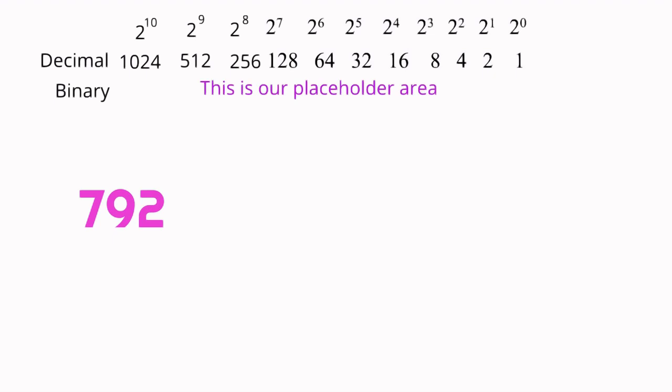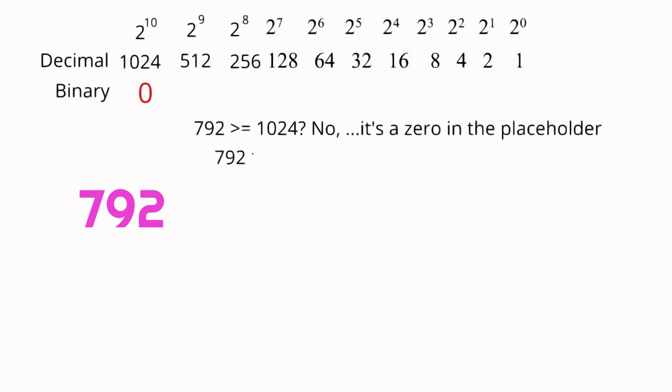Our revised chart is shown here, so let's do the conversion using the same method as last time. Our provided decimal value is 792. Looking at the chart, we see 512 is the biggest number we have written down. Is 792 greater than or equal to 512? Yes, it is.